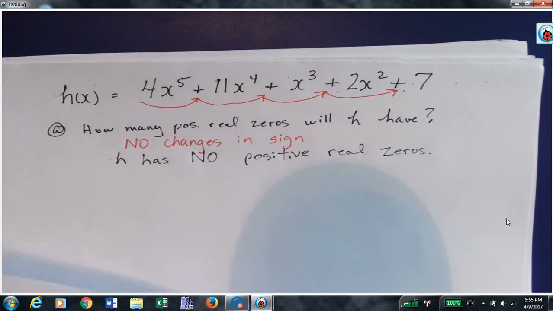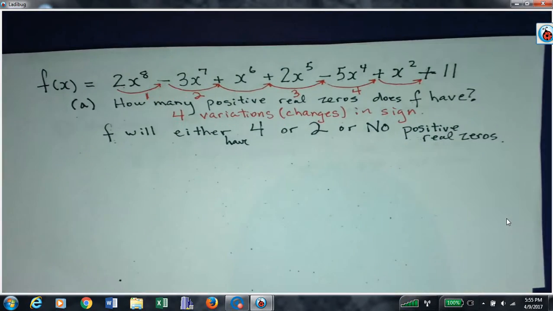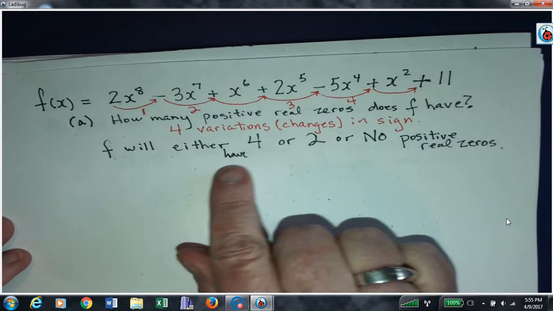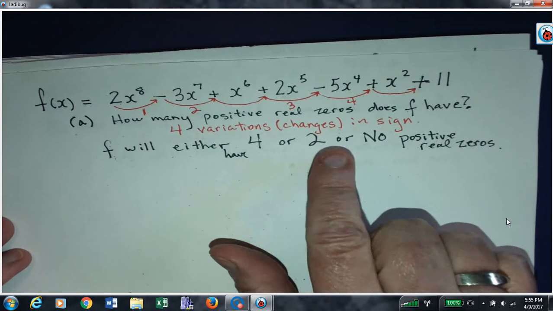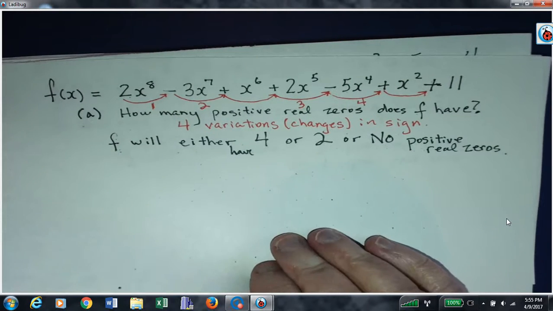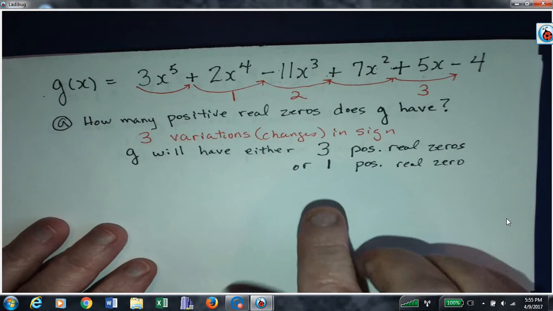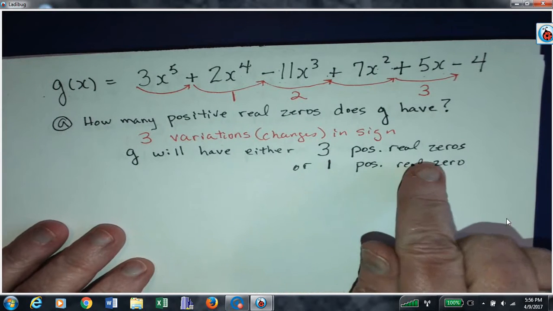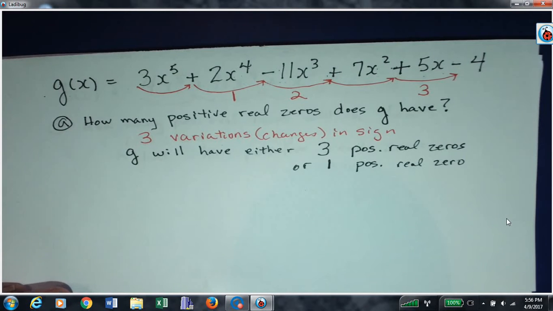On the previous ones, we didn't get much information. So here, there's either going to be 4 positive real zeros, 2 positive real zeros, or none. That's not much of a help, is it? Now, we've got a little bit of a help here because we concluded there would be 3 positive real zeros or 1 positive real zero. We definitely know there will be at least 1.